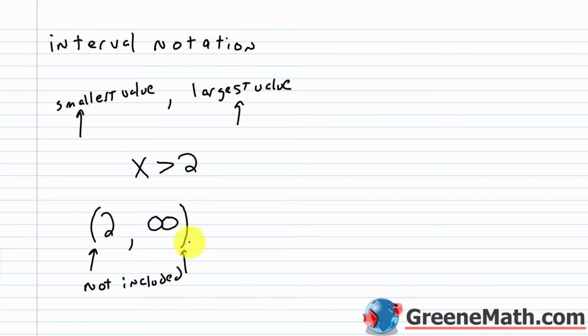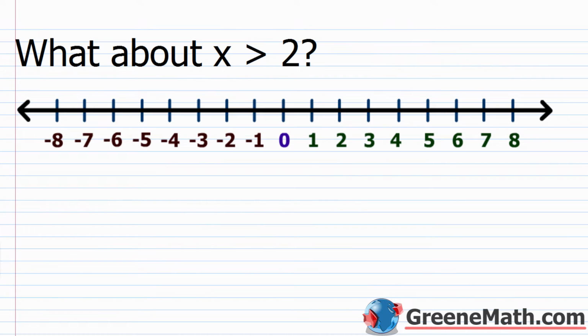How do we use this to graph? Well, it's similar. If I have x is greater than 2, I find 2 on the number line. And what I'm going to do is put a parenthesis at 2 that faces in the direction of my solution. So this is going to face to the right because everything larger than 2 is in the solution.